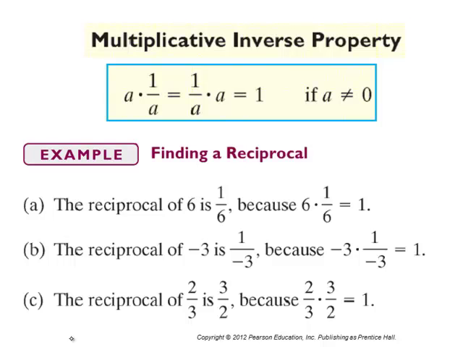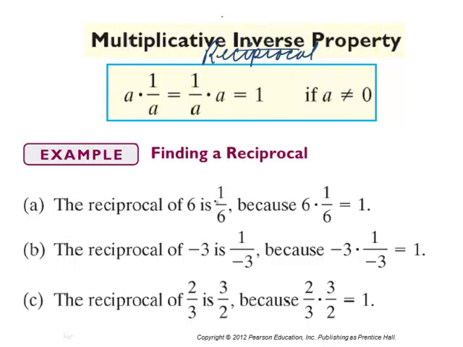Now, the multiplicative inverse of a number is nothing more than the reciprocal. Reciprocal. You flip the number upside down. It's that number that when you multiply a number times its multiplicative inverse, you always get 1. 1 is the multiplicative identity.